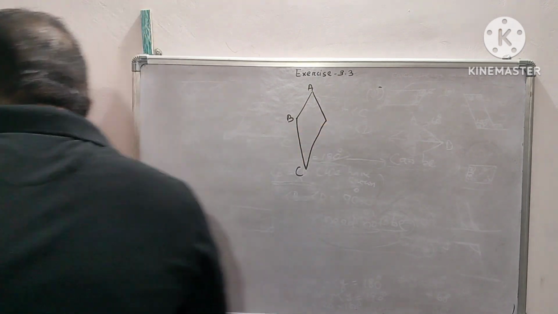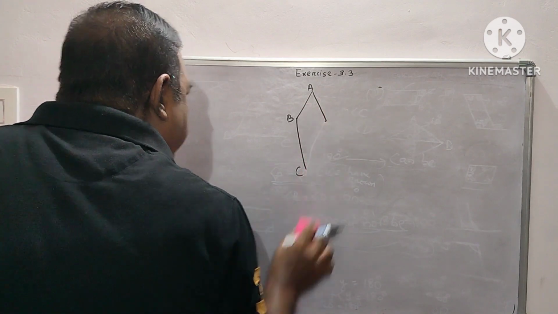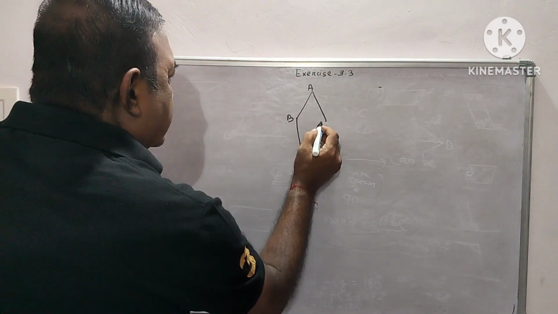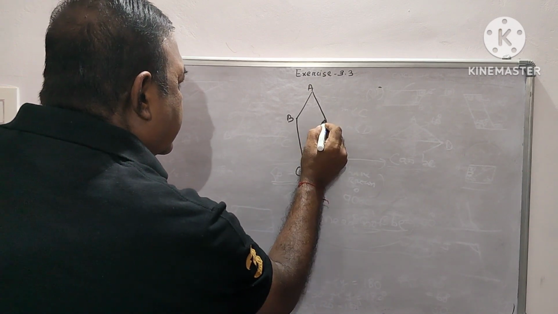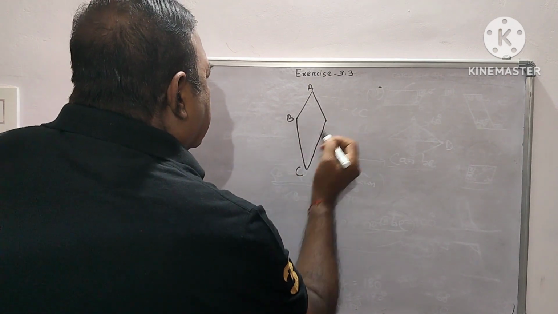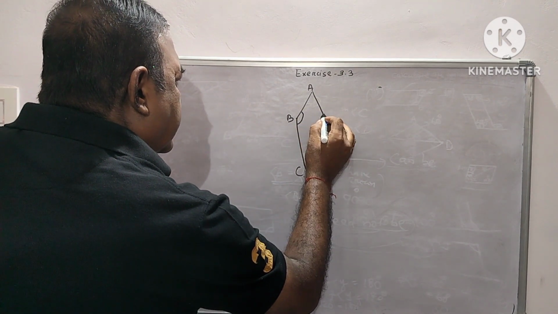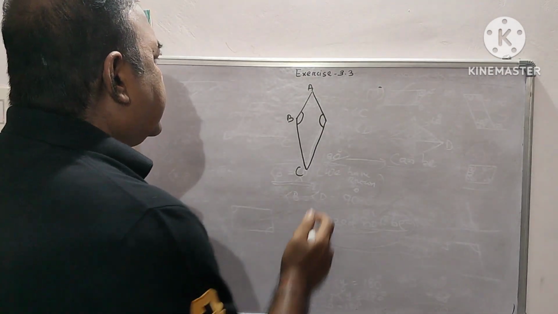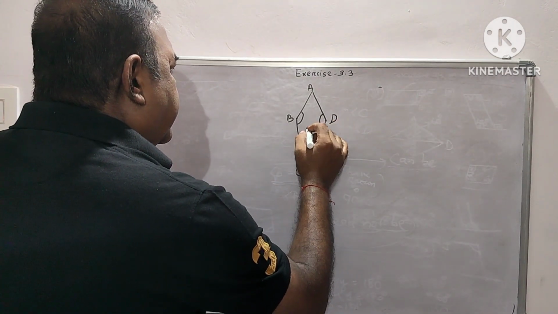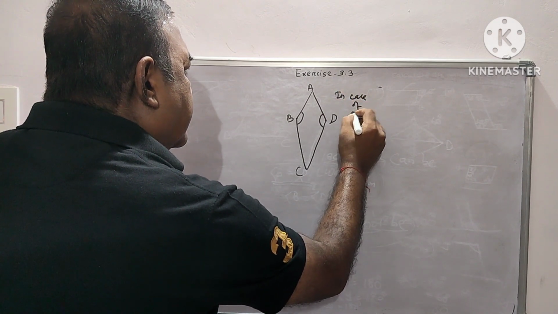It becomes slanting so much, so using a ruler you can draw it perfectly. So you see, this angle, this angle. So two opposite angles of equal measure, it is possible in the case of a kite.